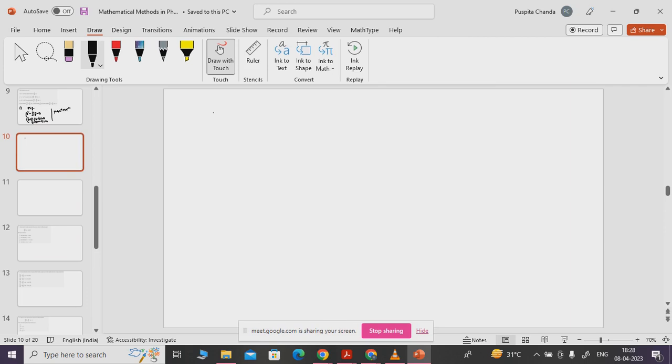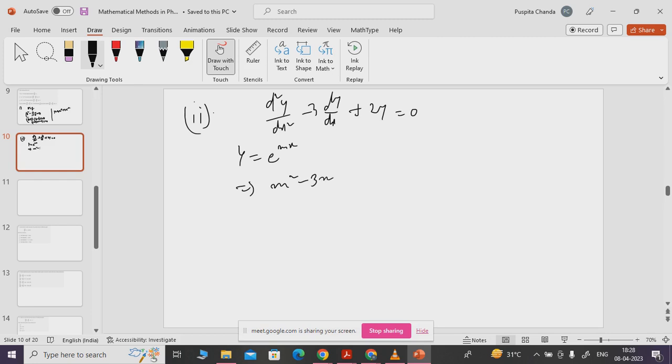The second statement is y is equal to c1 e to the power x is a general solution of that equation. It is a homogeneous equation, and we can obtain that very easily: d2y dx2 minus 3 dy dx plus 2y is equal to 0. With y is equal to e to the power mx, it will be m square minus 3m plus 2 is equal to 0.